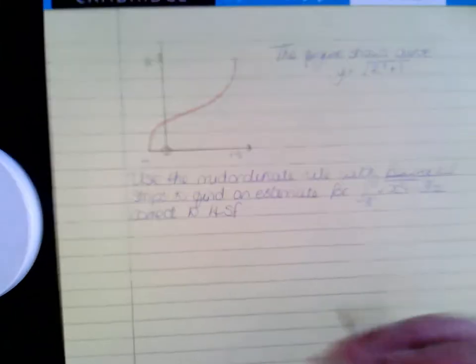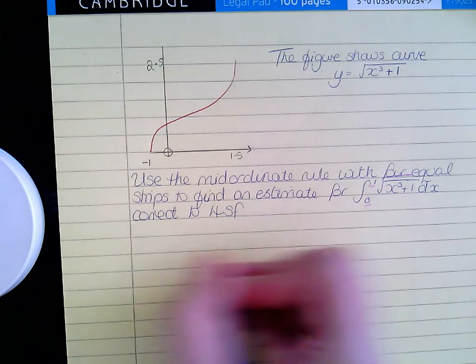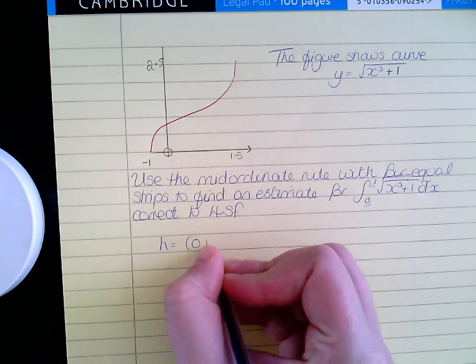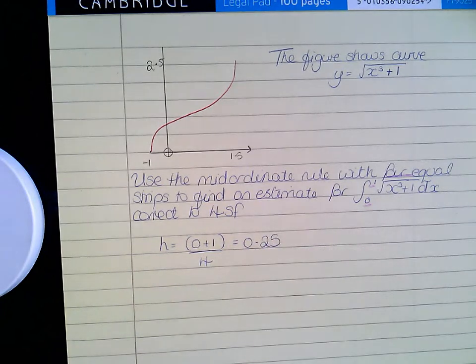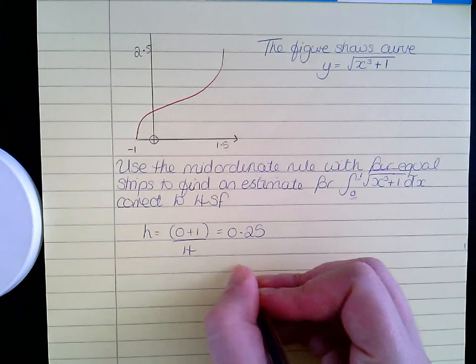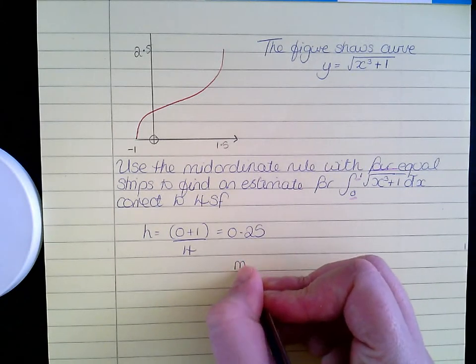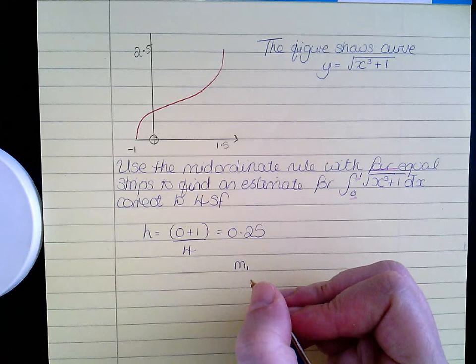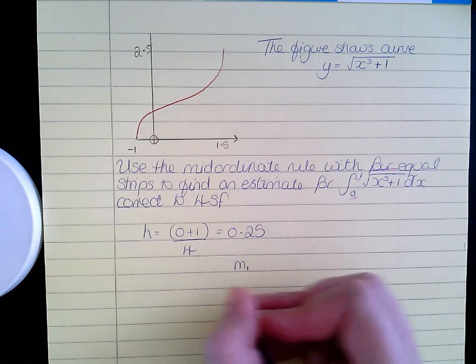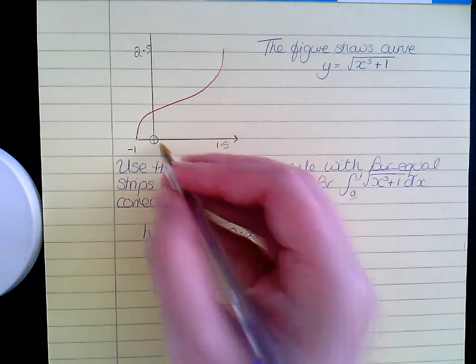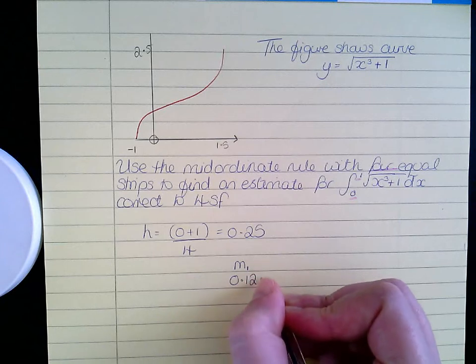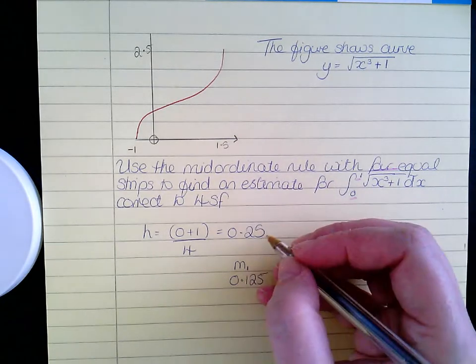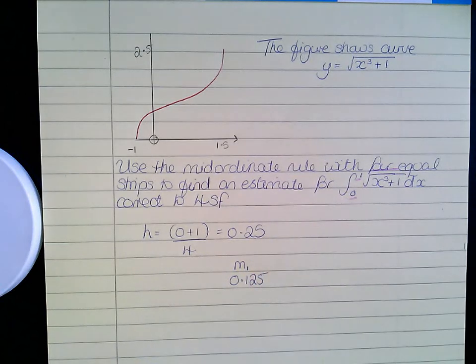So first of all, 4 strips between 0 and 1, so h equals (1 minus 0) divided by 4, which is 0.25. That means my values for the midpoints would be, well, if we're starting off at 0, the first midpoint is at 0.125, because if we're starting at 0, we're halfway into that group.